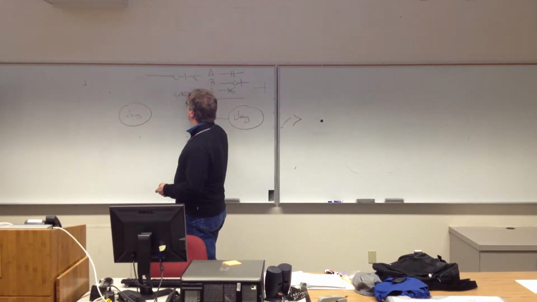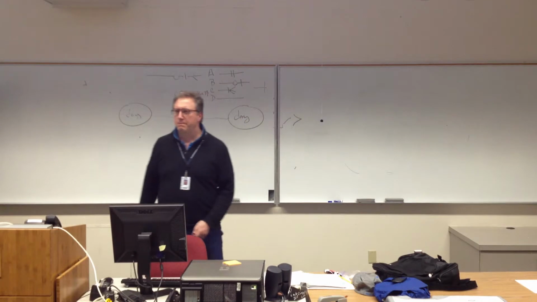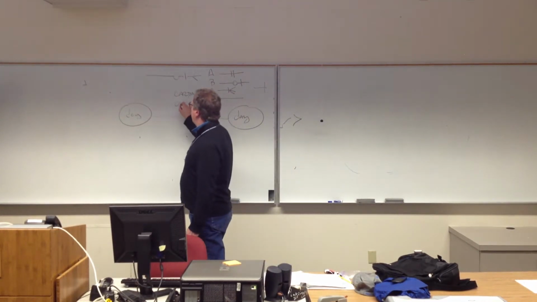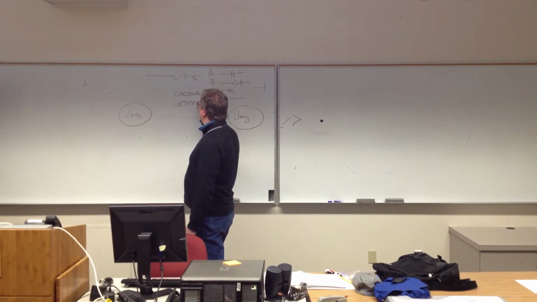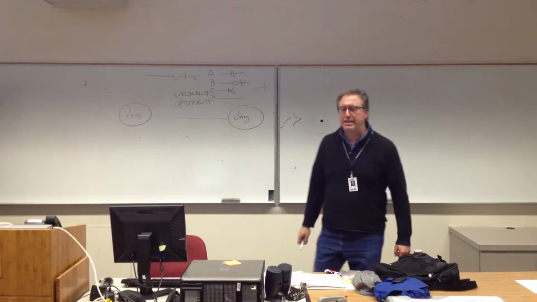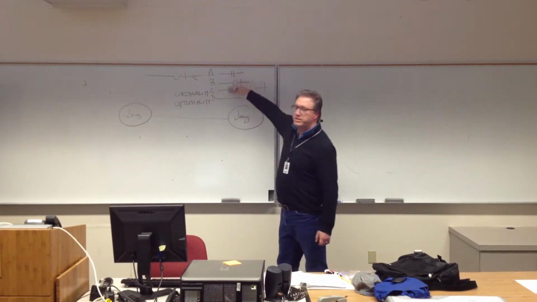Cardinality. What does cardinality mean? How many? Exactly. Cardinality, how many. Optionality. What does that mean? It's required. Exactly. So these 2 concepts combine and you can draw pictures of them this way.